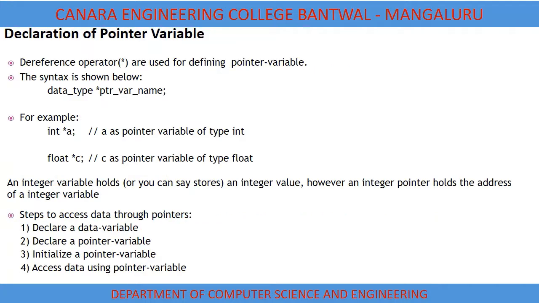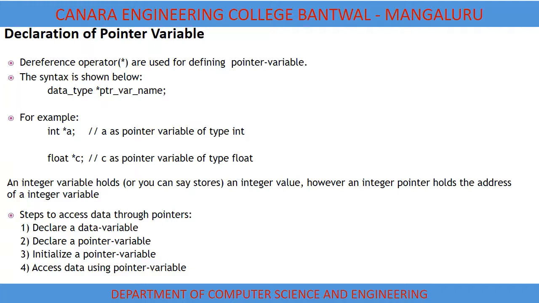In this session we are going to see how to declare a pointer variable. So we have an operator, a reference operator we can say here, which is used to define a pointer variable. So the syntax is given like this: data type followed by star symbol, the operator, followed by a pointer variable name.